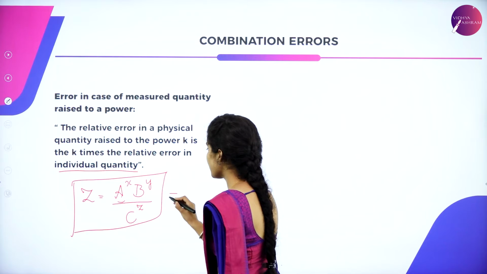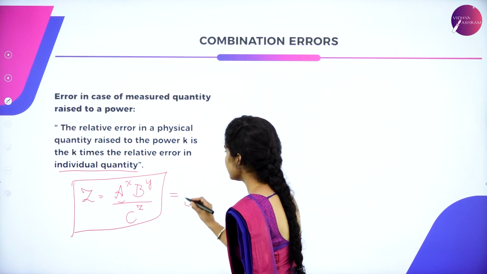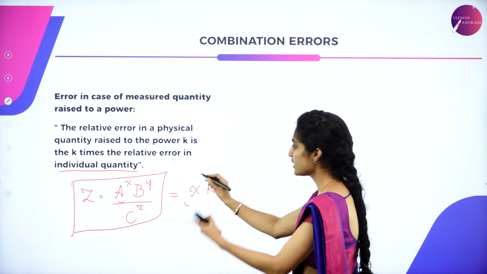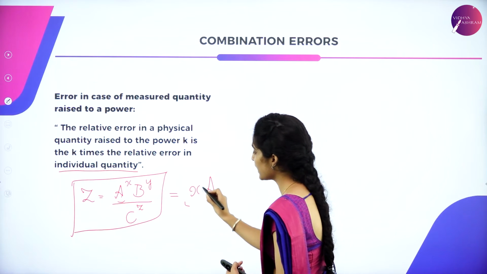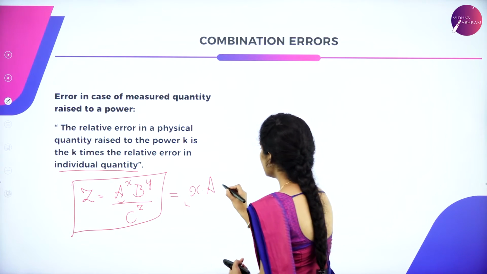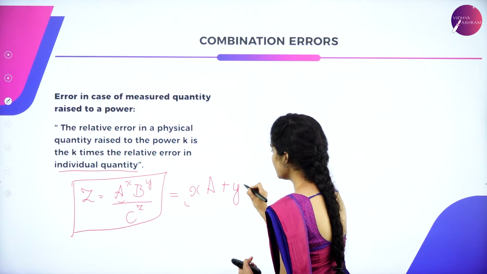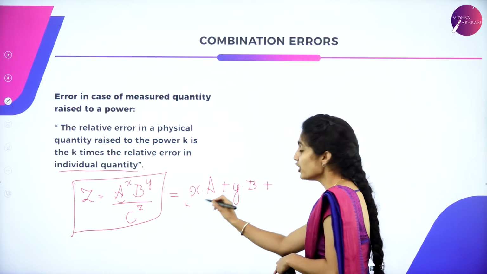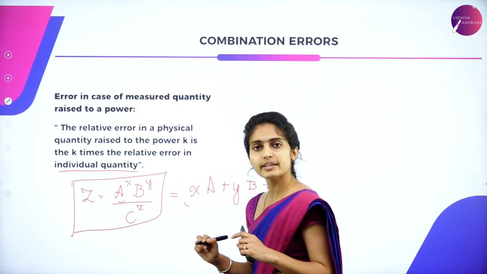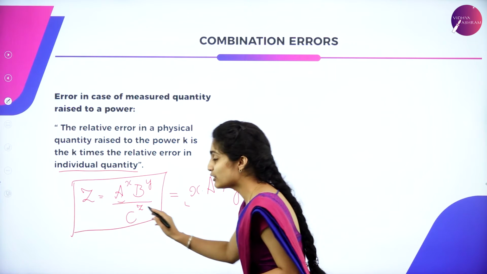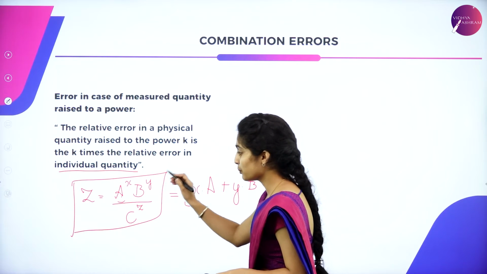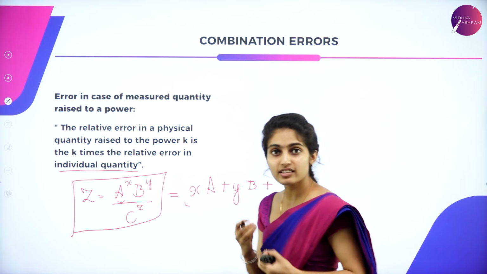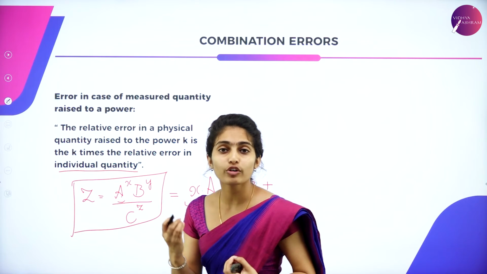So I can rewrite this according to this rule as x into A, x times the individual quantity, plus power times the individual quantity, plus power times the individual quantity. According to the rule, even if it is division, it has to be addition. The relative error always comes up as the sum of errors.